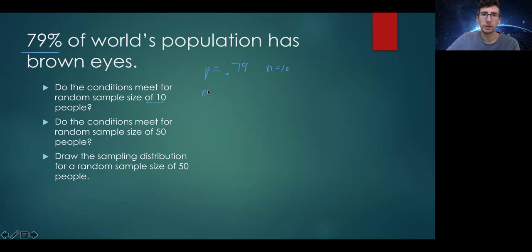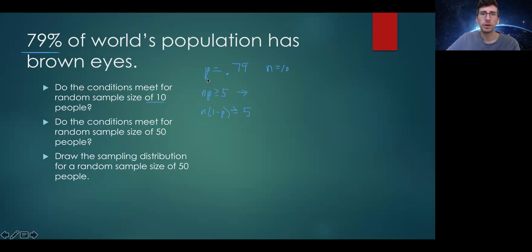Well, we need n times p to be greater than or equal to 5, and we also need n times 1 minus p to be greater than or equal to 5 as well. So let's see if n times p is greater than or equal to 5.